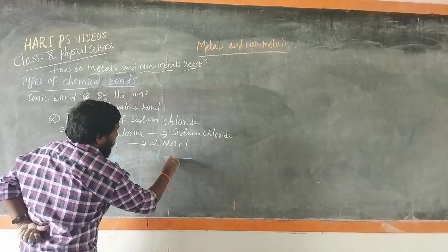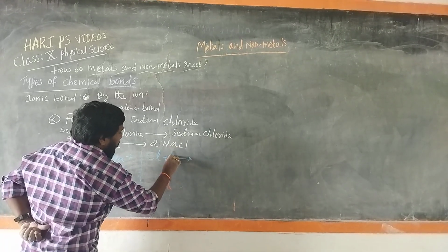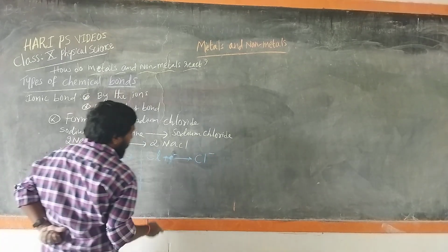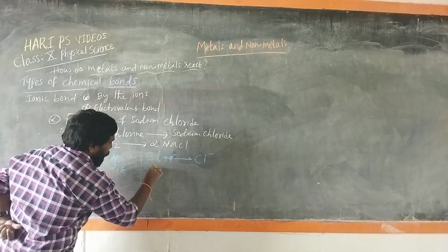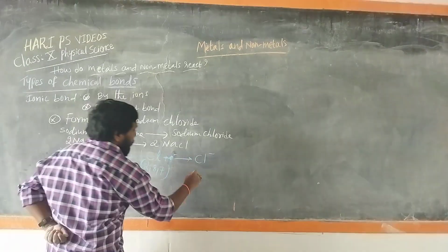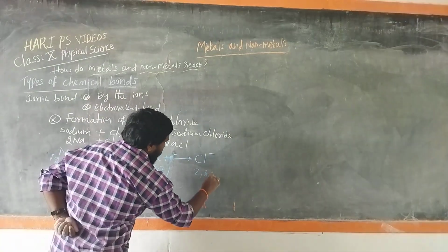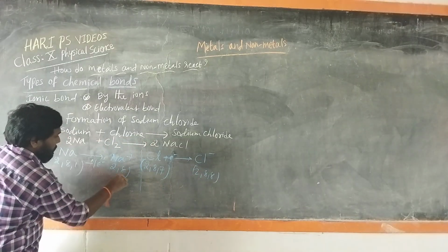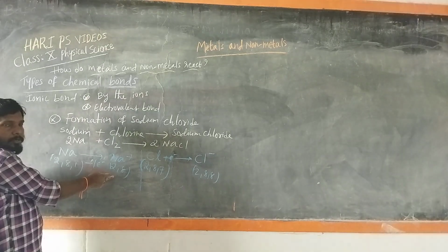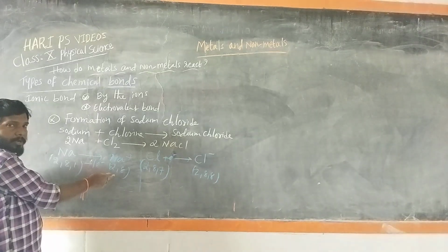gains an electron and forms Cl minus. So 2, 8, 7. After gaining 1 electron, it becomes 2, 8, 8. It is the nearest noble gas electronic configuration, that of argon. The sodium ion has the noble gas configuration of neon.